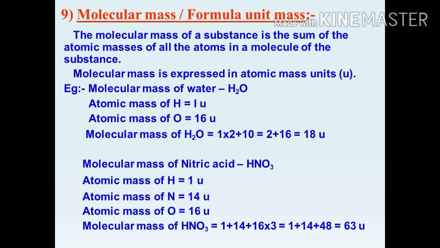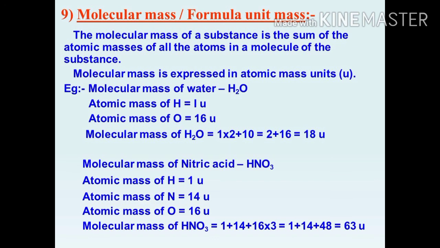Very simple problem. HNO3. How many hydrogen? Only one hydrogen. What is the atomic mass of hydrogen? 1. Nitrogen: 14. What is atomic mass? First you should keep this in mind: the number of protons and the number of neutrons in the nucleus of an atom is known as atomic mass. The atomic mass of oxygen is 16.